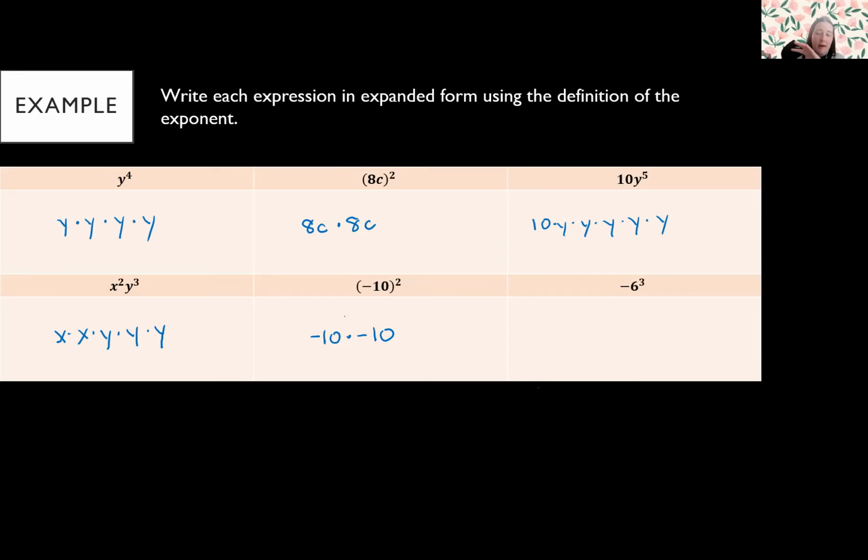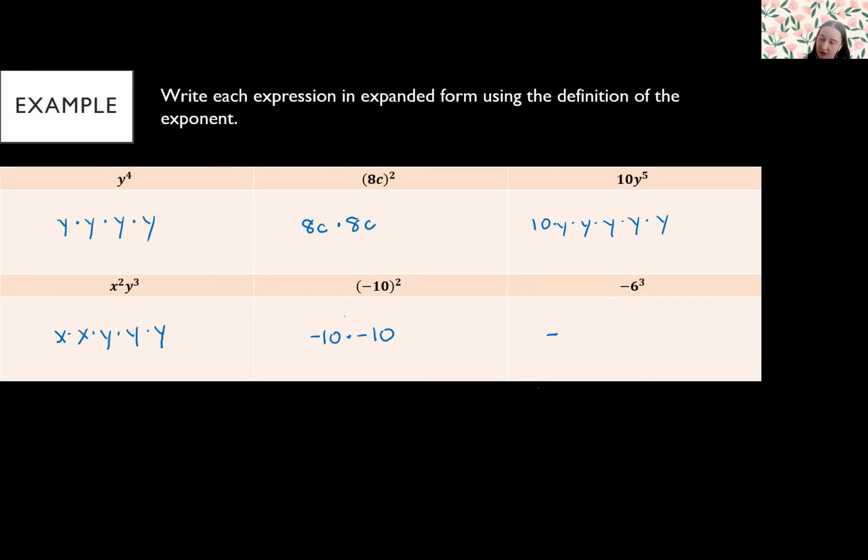On the right, we have a -6 cubed. The negative is not in parentheses, so that negative is not part of the exponent. That -6 cubed is like a -1 times 6 cubed, because only that 6 has the exponent.